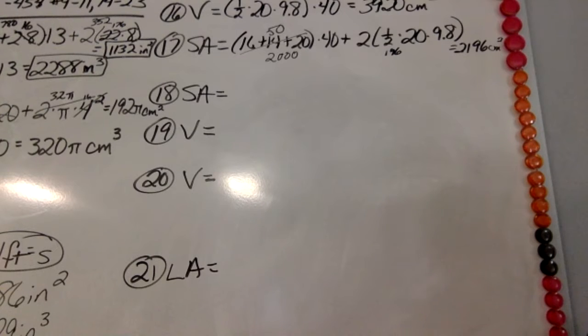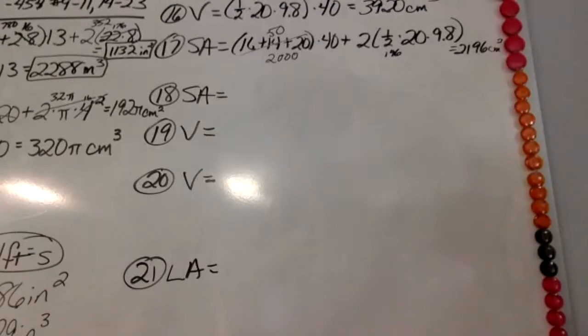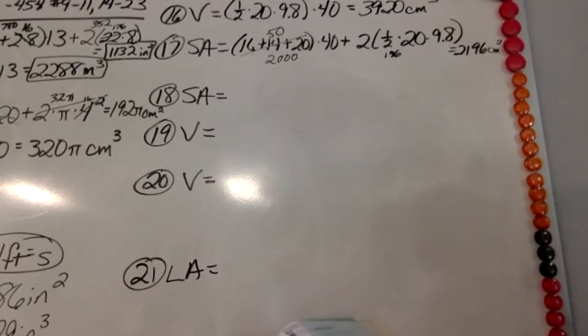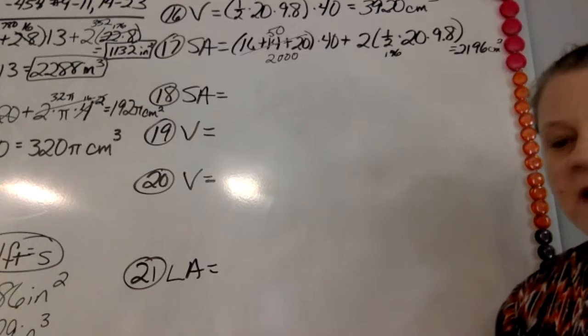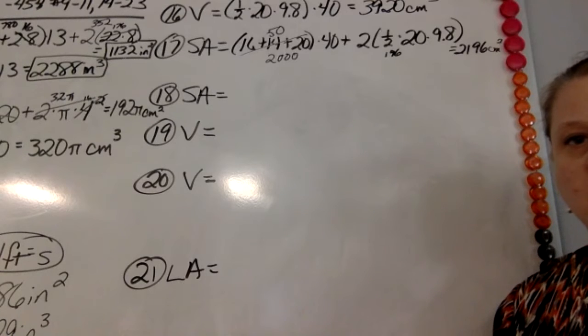Now, numbers 18 and 19 deal with a cone. For a cone, we had set formulas. You have them on your worksheet, plus I had them on the board. For the surface area, you take the lateral area, which looks like an orange slice, remember when I unrolled it?